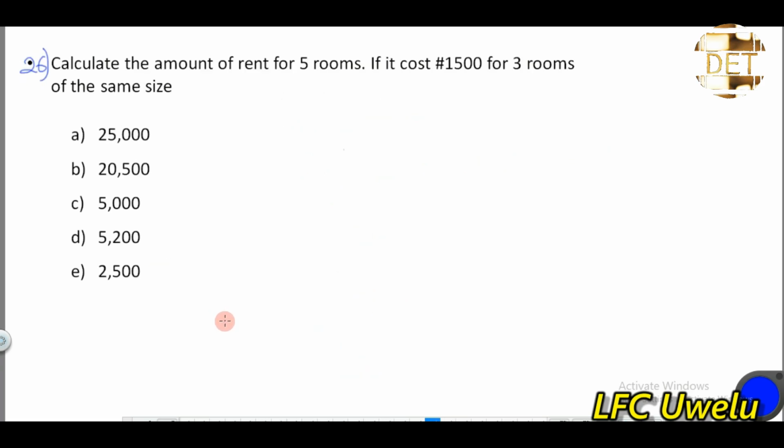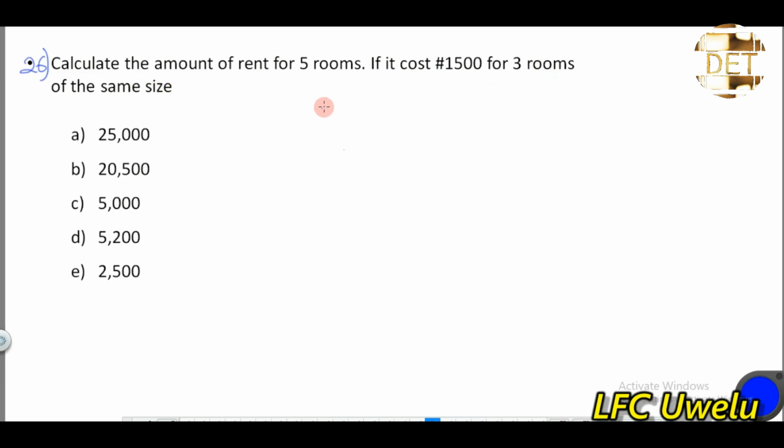Let's look at the last question that I have here, which is number 26. And number 26 is to calculate the amount of rent for 5 rooms if it costs 1,500 naira for 3 rooms of the same size.